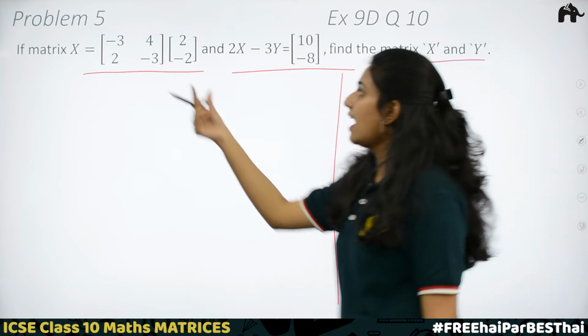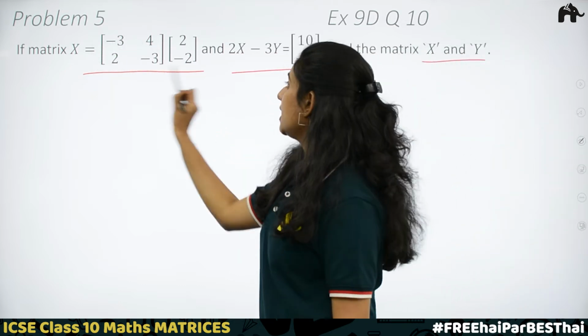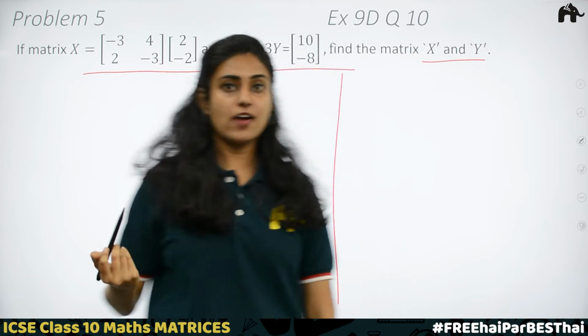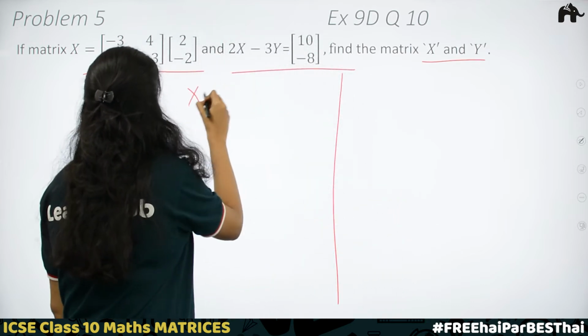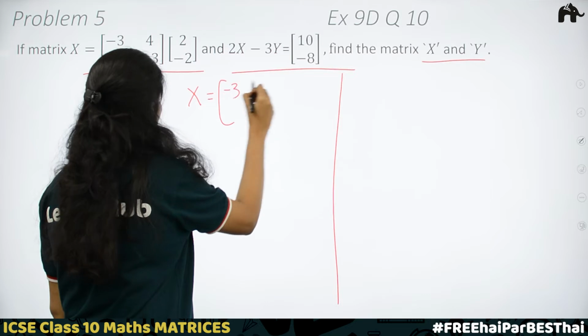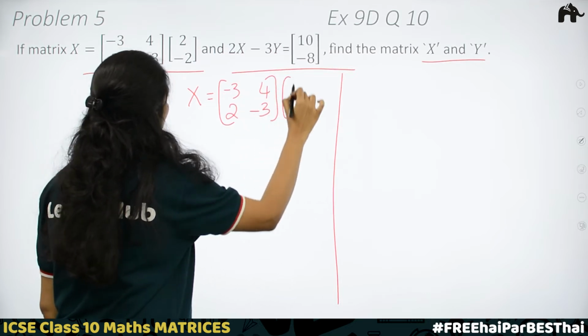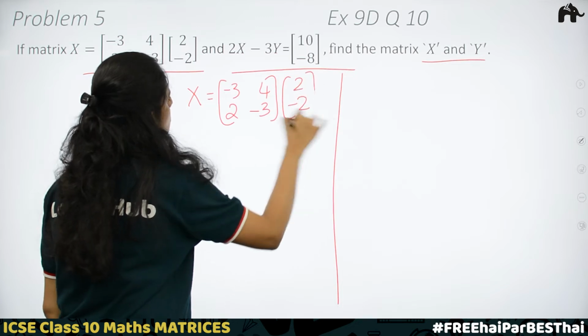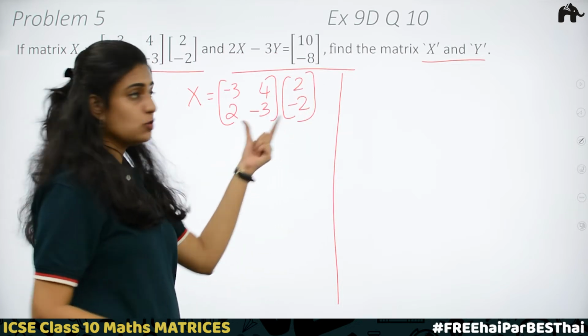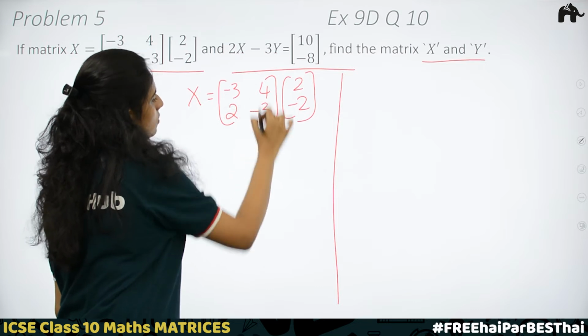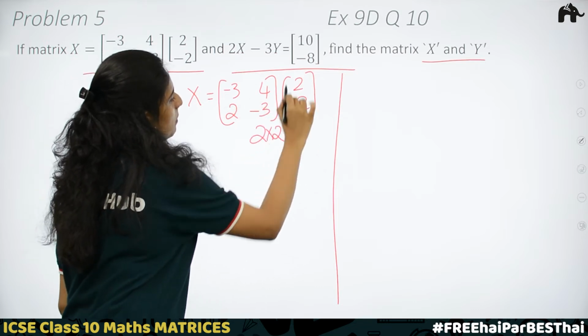Okay, here we have X. X is obtained by multiplying these two matrices. First, let's find what X is. X is equal to minus 3, 4, 2, minus 3 into 2 minus 2. This is a 2 by 2 matrix, 2 rows and 2 columns. What about this?